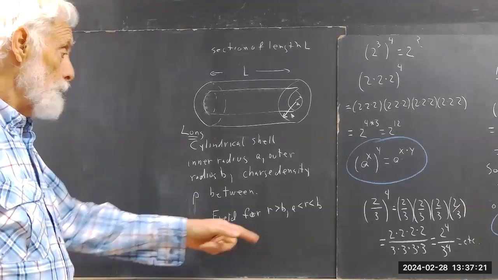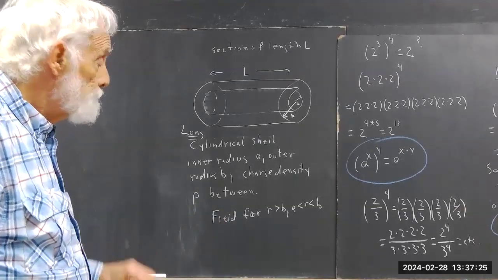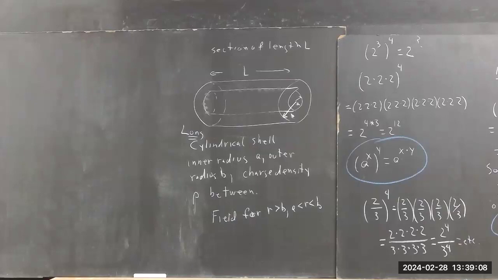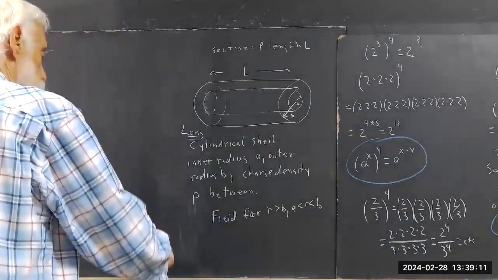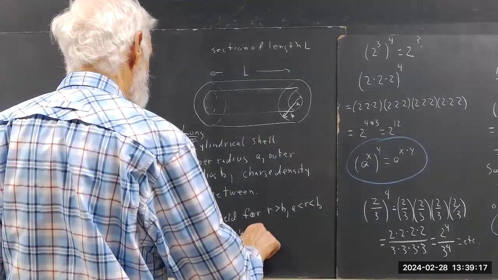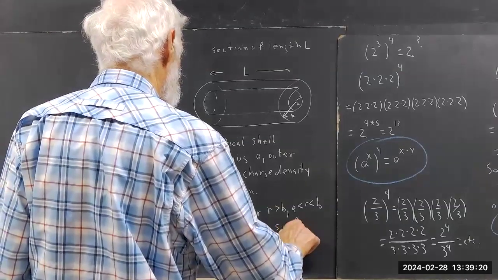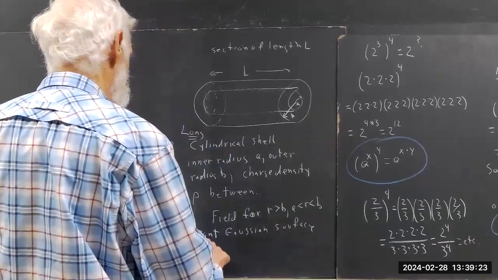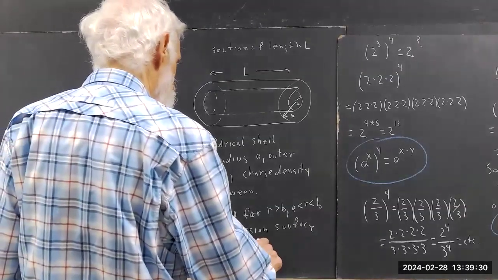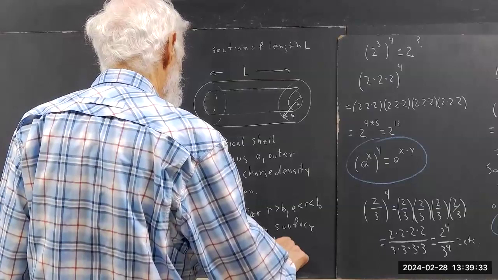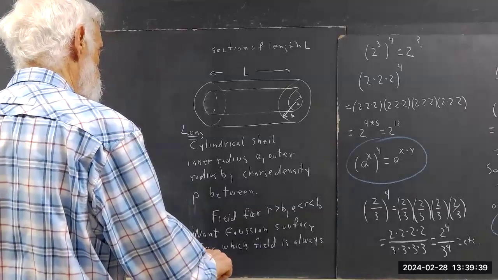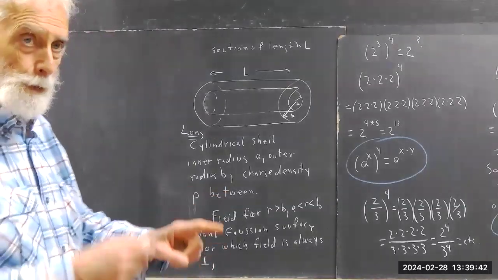So how do we get the field? So we want a Gaussian surface for which the field's always perpendicular, so that we just multiply the field by the surface area increment.